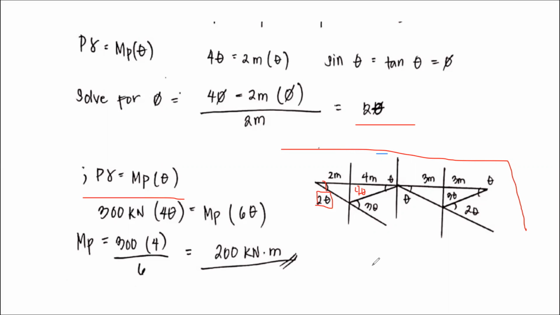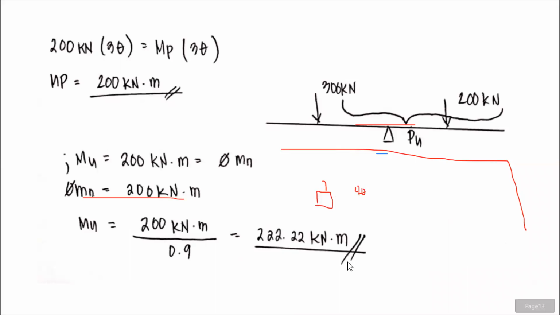Then, find the value of MP. 300 kN multiplied by 4 over 6. Then, makakuha tayo ng value na 200 kN per meter. So, since may nakuha na tayong value ng MP, so makakamap tayo sa MU.